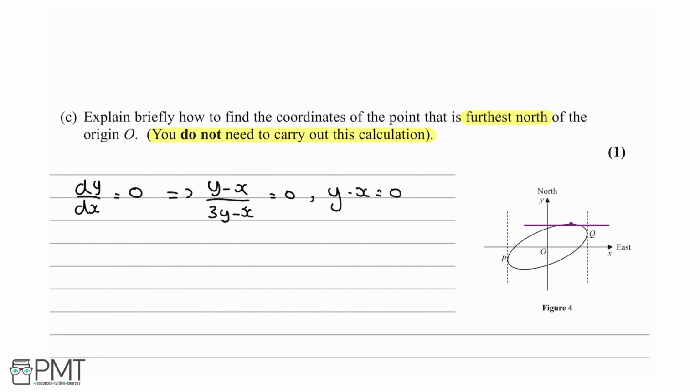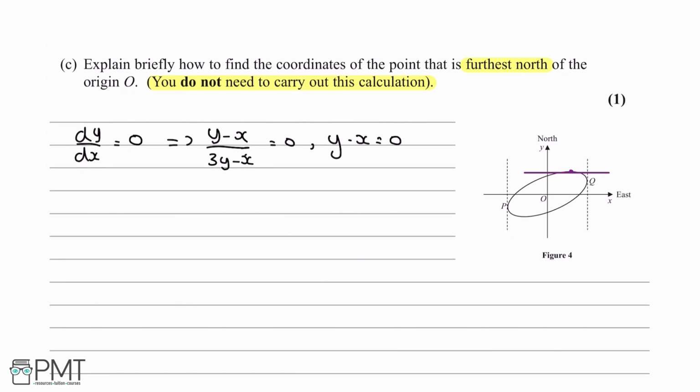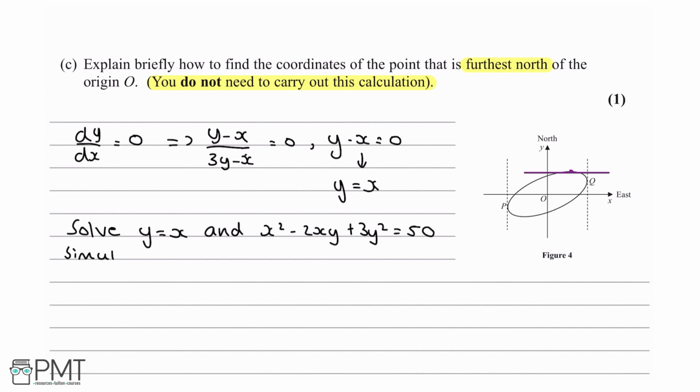So we have this equation which we've come out with using the fact that the tangent has a gradient of 0. Rearranging this actually gets us y equals x. So all you need to do is solve y equals x and our original equation, x squared minus 2xy plus 3y squared equals 50, simultaneously.